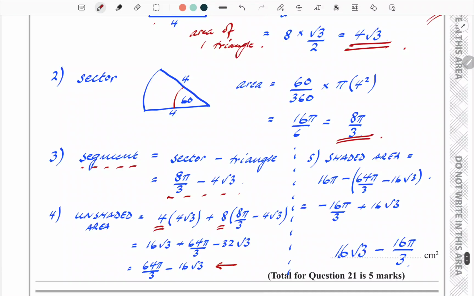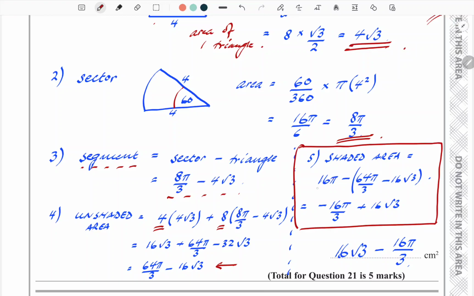And that then allows us to get the final answer, after all of that. And so the shaded area is the full circle, remember what I said right at the top, full circle, that's 16 pi, minus the unshaded area, which is your 64 pi over 3 minus 16 root 3.